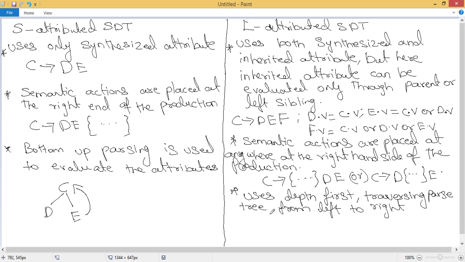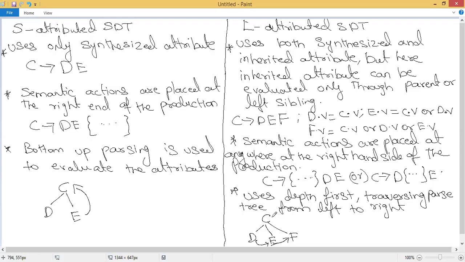For example, C tends to D, E, and F. The value of D is evaluated through C, and D can directly use the value from C. The evaluation then proceeds through the siblings, traversing from left to right, that is D to E and E to F. So this is how L attributed SDT evaluates using its parent as well as the siblings.